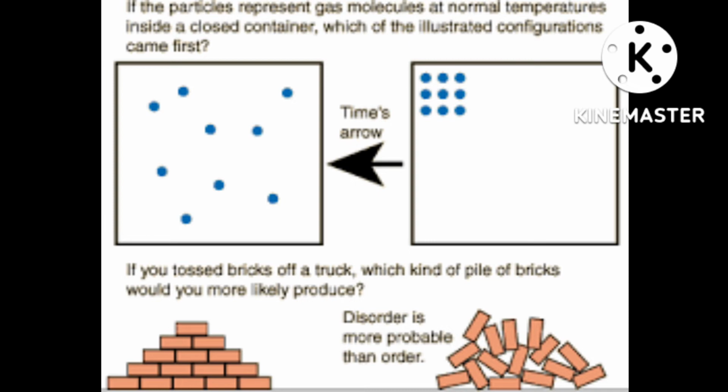Decrease of regularity in a structure would mean increase in entropy. So many students are not understanding these things. Entropy increase means disorder. Keep only one thing in mind: entropy increased, high, more, means more disorder.